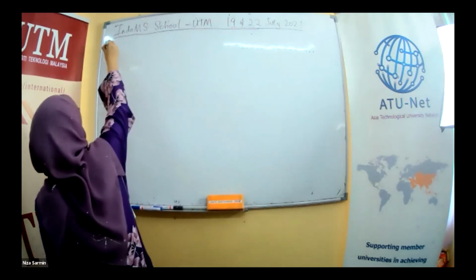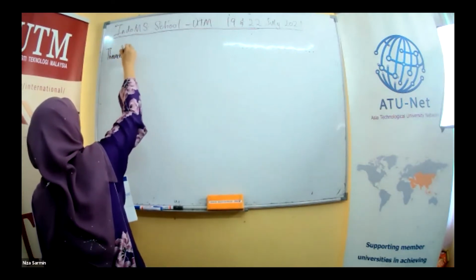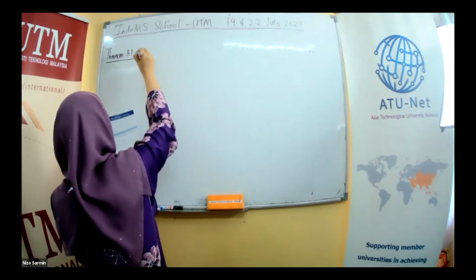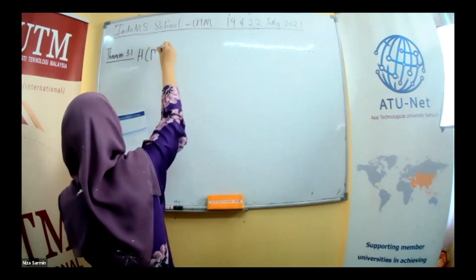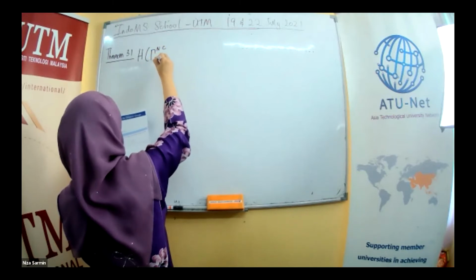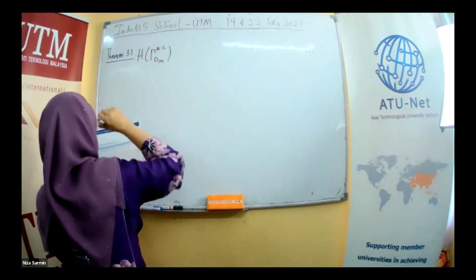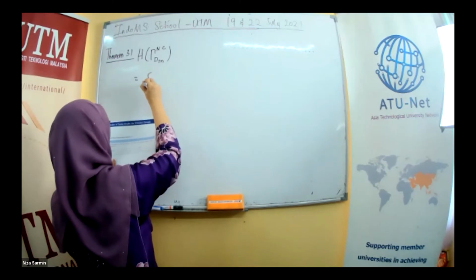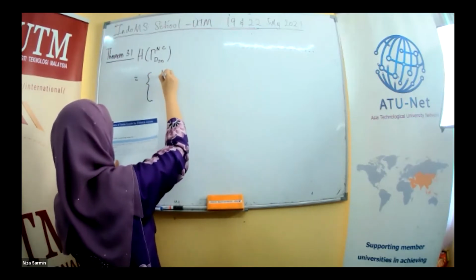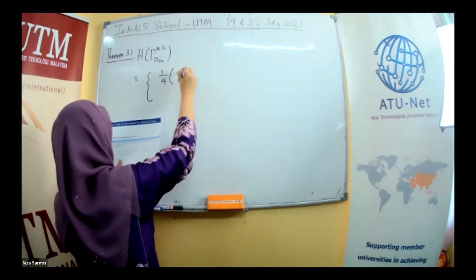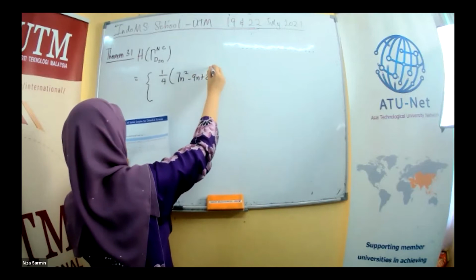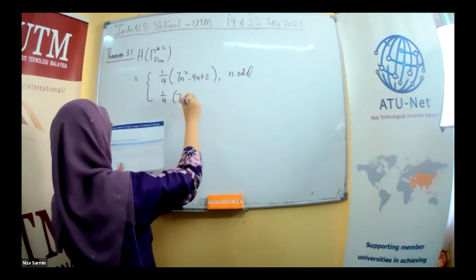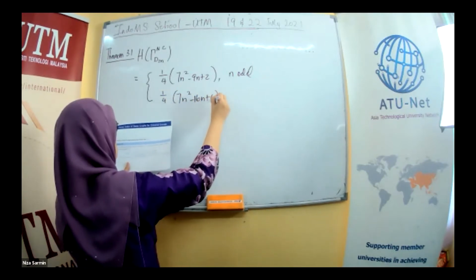Okay, so I call it theorem 31. So H of the non-commuting graph, right, when n is bigger or equal to 3, this is equal to, I write down here, it's longer, 1 over 4 (7n squared minus 9n plus 2) and 1 over 4 (7n squared minus 16n plus 6).